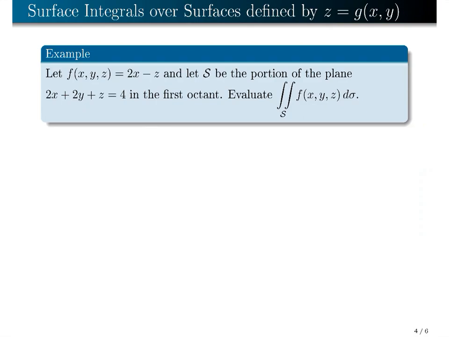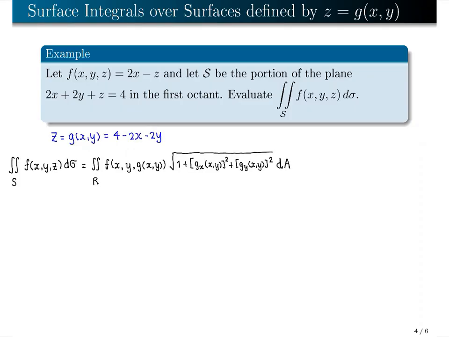Since S has equation 2x plus 2y plus z equals 4, we can isolate z to obtain z equals g of x, y equals 4 minus 2x minus 2y.